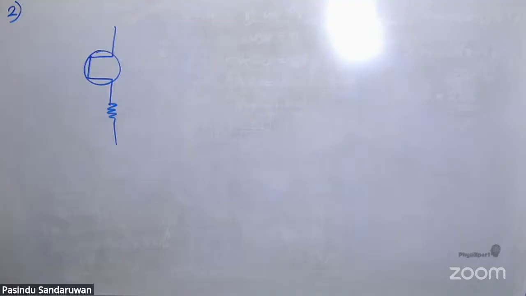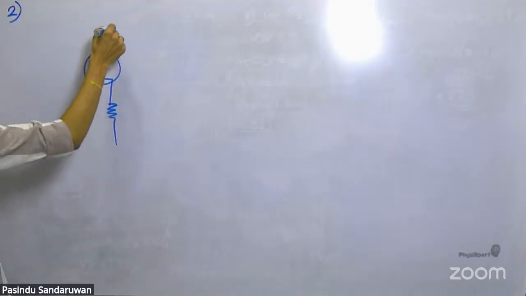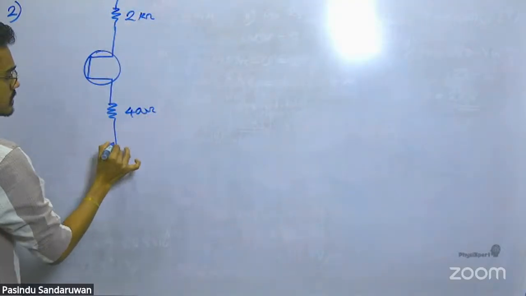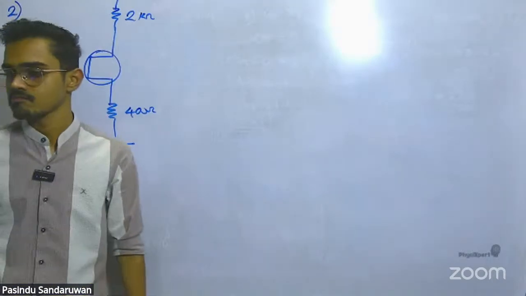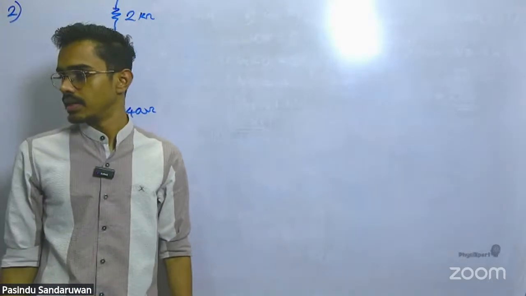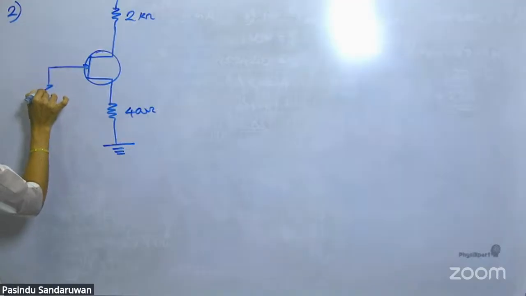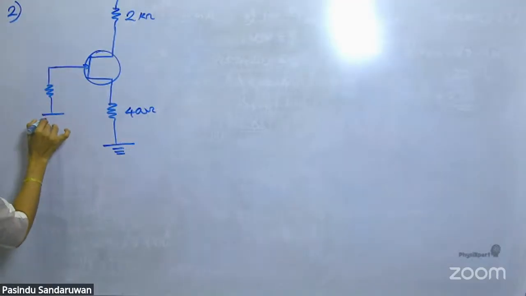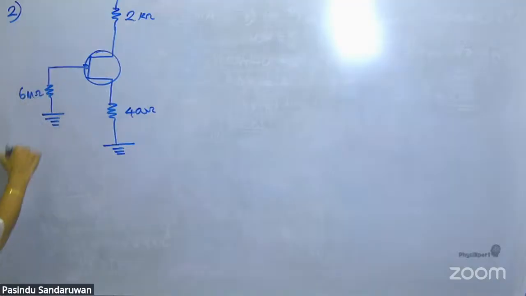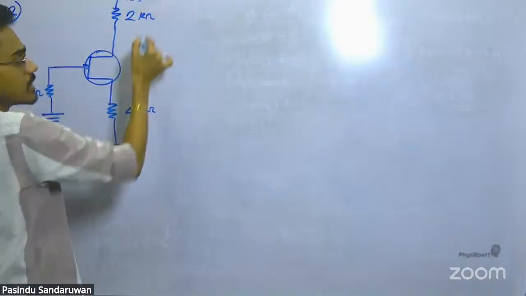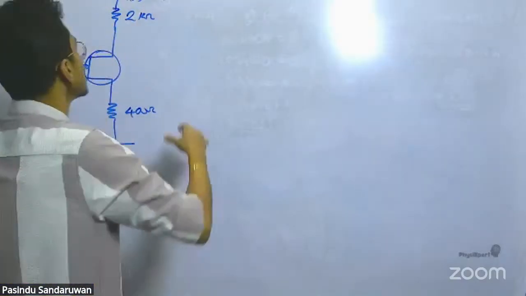Two kilo ohms, 400 ohms, grounding, then RG 6 mega ohms. VDD is given 20 volts.